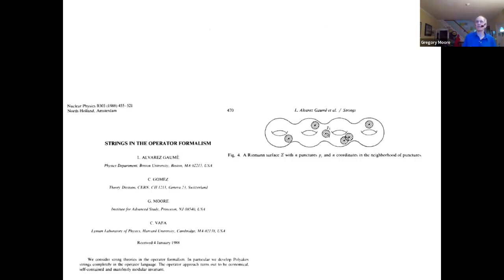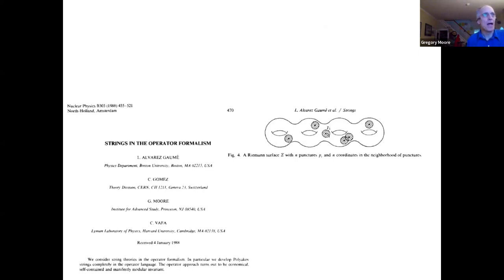In 1987, the physicists were developing something called the operator formalism. So the idea was that if you have a puncture with a local coordinate, or equivalently a little disk cut out of a Riemann surface, then you associate a Hilbert space with the circle of that disk. And if you have a bunch of disks, you take the tensor product of the Hilbert spaces.